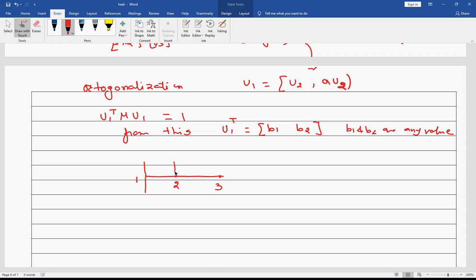This height is my B1, and my B2 comes to be this. This height is basically B2, and this is how my first mode shape will be created. Once it is created, you have to repeat this procedure for the second relationship and you can create the second mode shape.